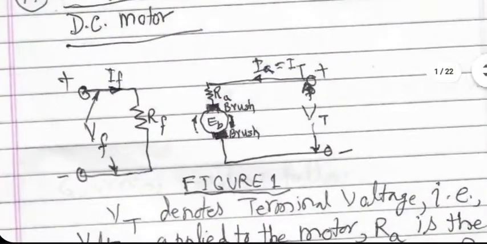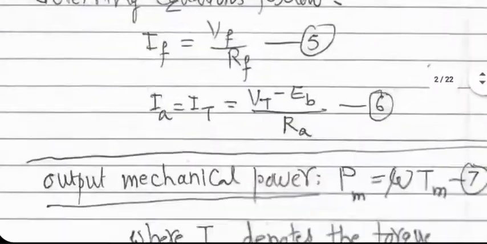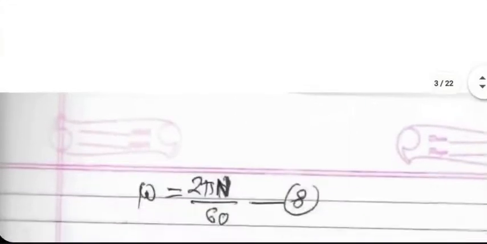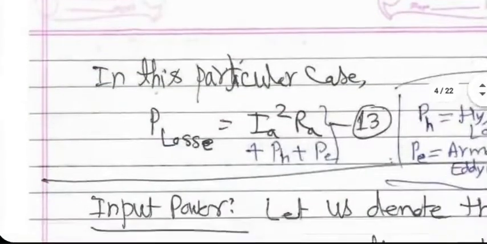So the loss in the field windings, IF square RF, will be ignored from the power flow discussions from the input power VTIT to the output rotary mechanical power. But for all other kind of excitations of field winding, we will have to consider IF square RF also, because that will be taken from the main supply. Here, that is not coming from the main supply, so I'm ignoring it in my equations. It's true only for separately excited motor, that electrical power loss is only IA square RA.